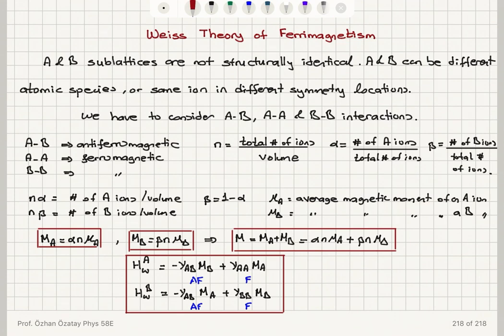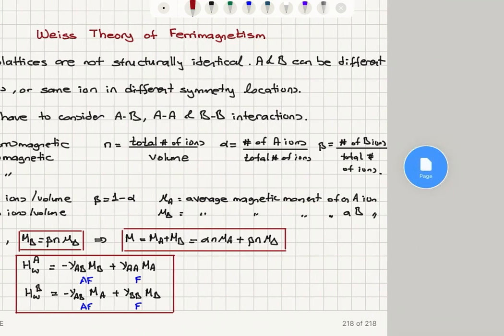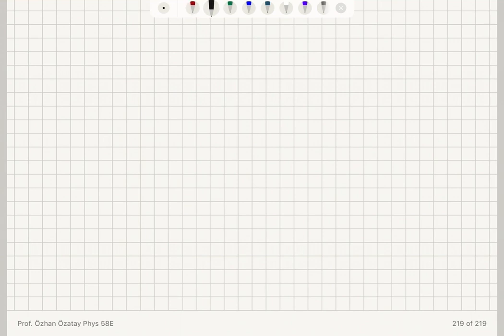Okay, now we're going to look at what happens for temperatures greater than Tc. Well, we have the usual Curie law. The susceptibility is magnetization divided by the total field acting on the material. This is C divided by T, that is Curie law.